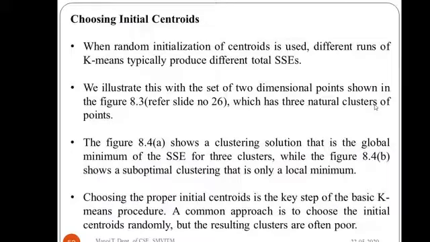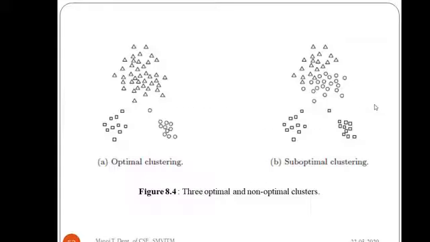In the same way, if you go to figure 8.4, two things can be observed here: one is the optimal clustering and the other is suboptimal clustering. Optimal clustering means we are able to find the global minimum, so that a global minimum point is available to us.